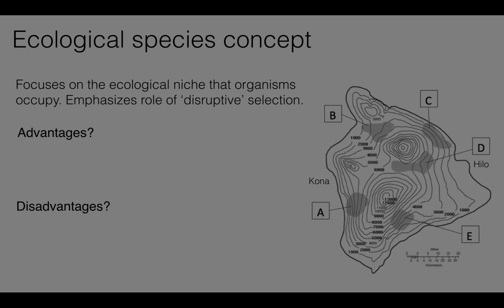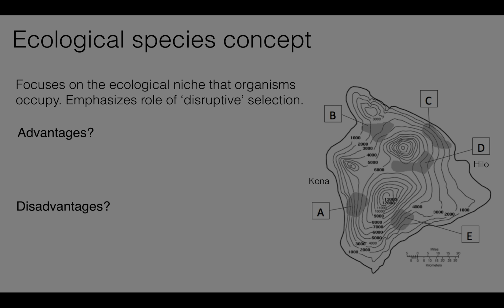So this represents the ecological species concept, which focuses on the ecological niche that organisms occupy. And this really emphasizes the role of what's called disruptive selection. Disruptive selection is where 2 populations are living in different selective environments, and that can drive them apart from each other.